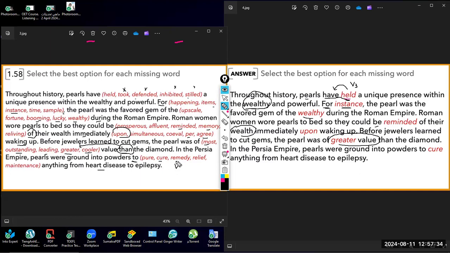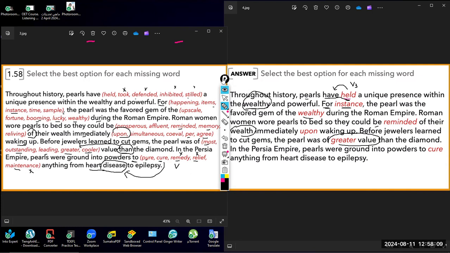And we notice that remedy is a noun, relief is a noun, maintenance is a noun. So I don't have to select them because they are not verbs. So after neglecting these words, now we have cure. And keep in mind, because I'm talking about a certain disease, it is about to cure this disease. So this is why I have to know that it is cure.